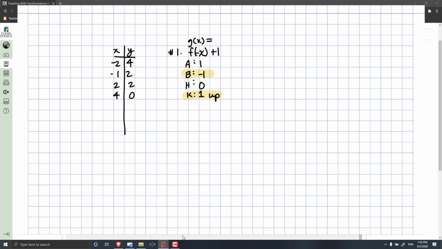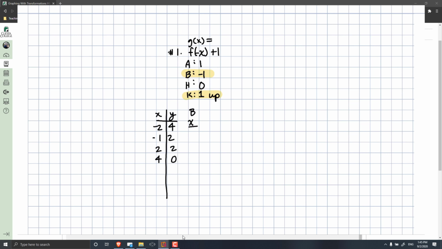Okay, so when I go to track my t-chart, let me move this down a little bit. The H step we get to skip. The first thing we're going to do is the B value. To do the B value, it's x divided by B, so it'll be x divided by -1. We'll take all the x coordinates, divide them by -1, we get 2, 1, -2, 4.